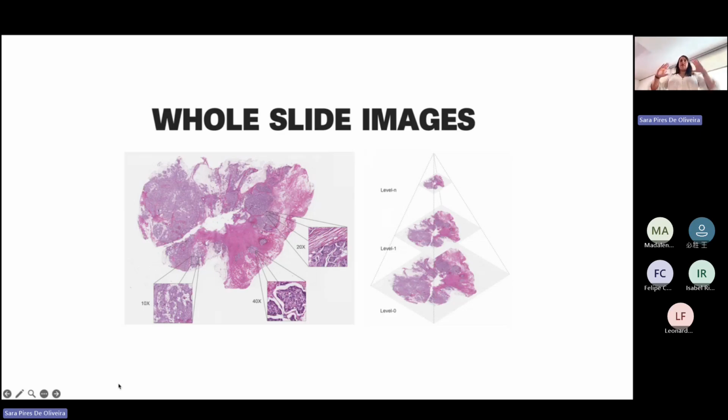They also have this pyramid format that basically mimics the microscope lenses. So basically, the lower the level, the higher the resolution. And when we go up, it becomes smaller, and so we see more. So we have a lower dimension, but it's exactly like what the pathologists see in the microscope.